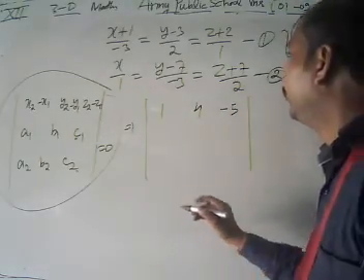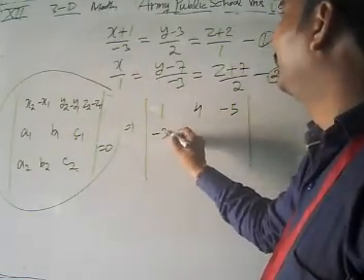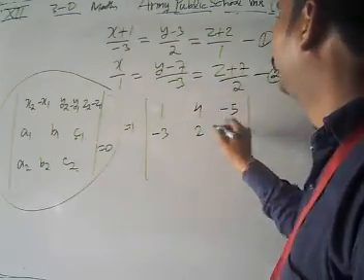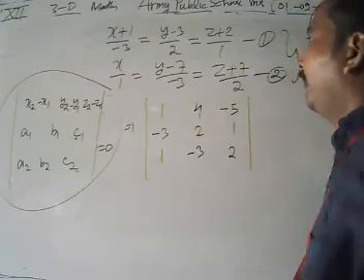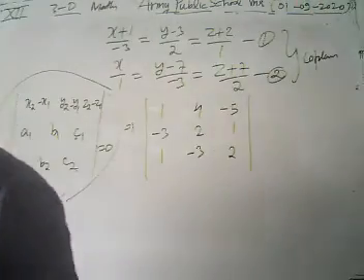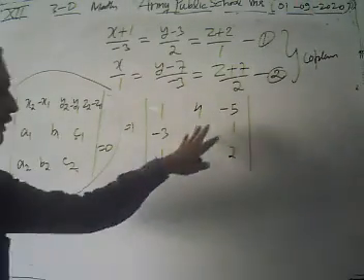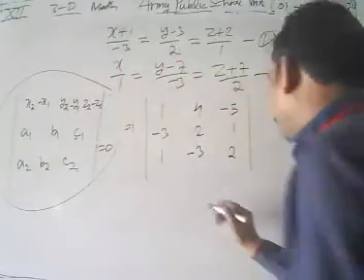Now a1 is minus 3, b1 is 2, c1 is 1, a2 is 1, b2 is minus 3, c2 is 2. If the given lines 1 and 2 are coplanar, then the determinant's value must be 0, and we are going to expand it.